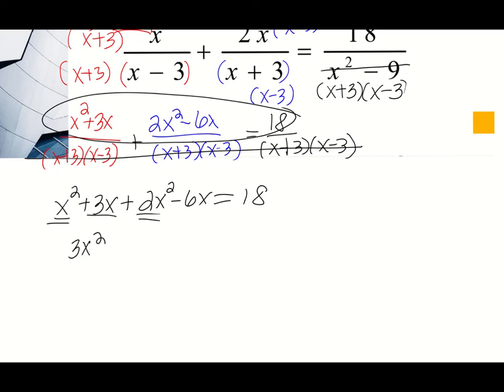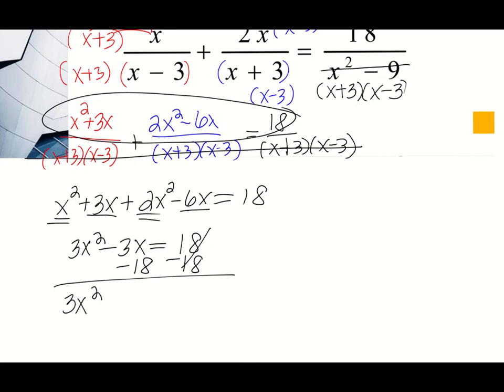Then I have 3x and negative 6x. Those can go together, and that gives me negative 3x equals 18. Well, I have an x squared, so I've got to move everything to one side. And that gives me 3x squared minus 3x minus 18 equals 0.